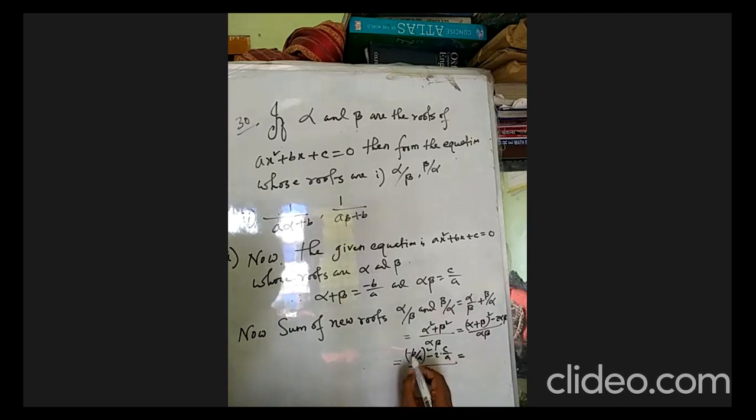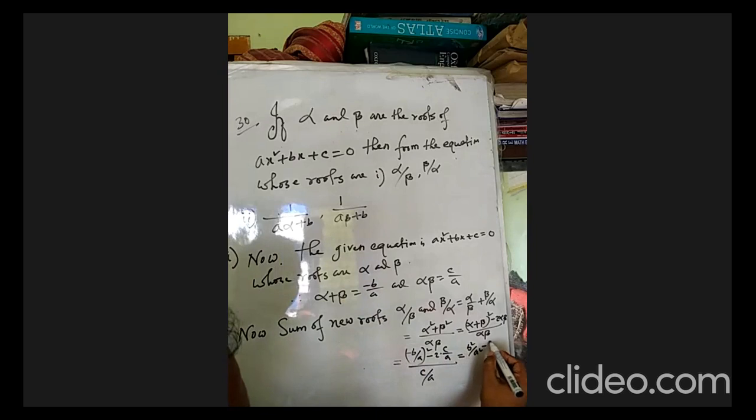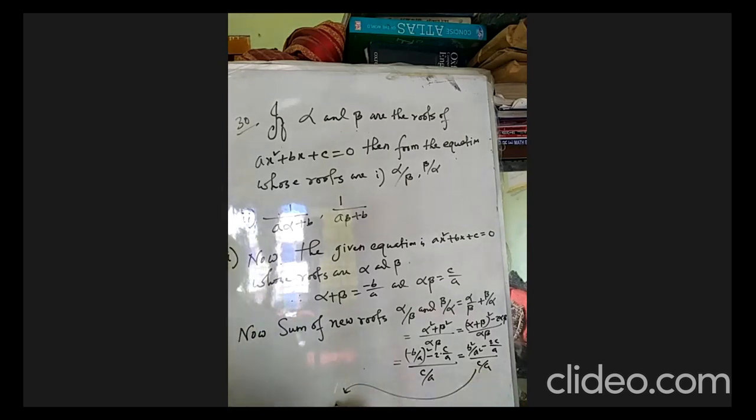So this means what? b square by a square minus twice c divided by a, divided by c by a. Okay, so from this line we can write, taking LCM a square, we get b square minus twice ac, divided by c by a.